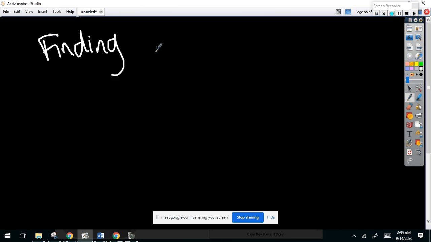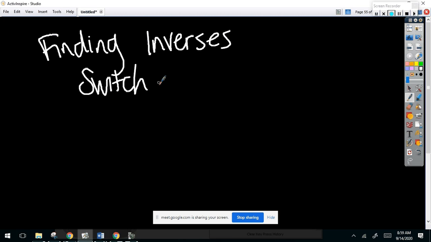Yes. We switch x and y, and then we solve for y. Of course, the equations we will be finding inverses of are a little more sophisticated than when you first learned this, when we did a lot of linears and quadratics.